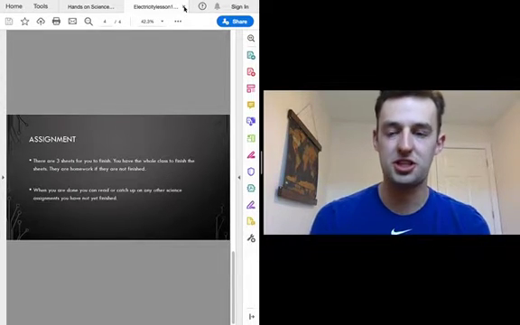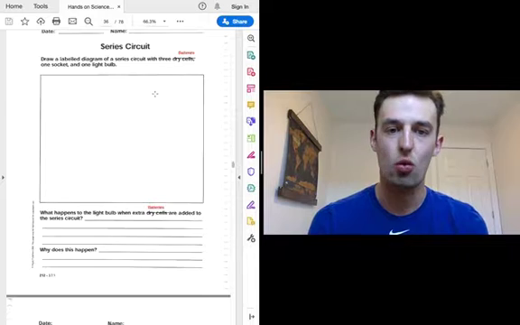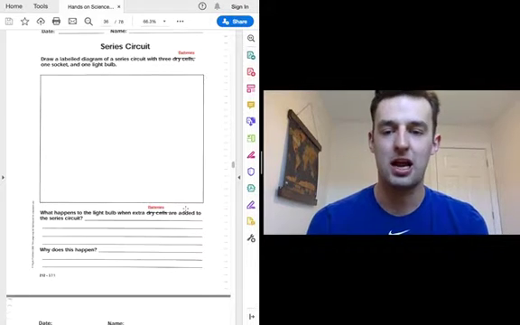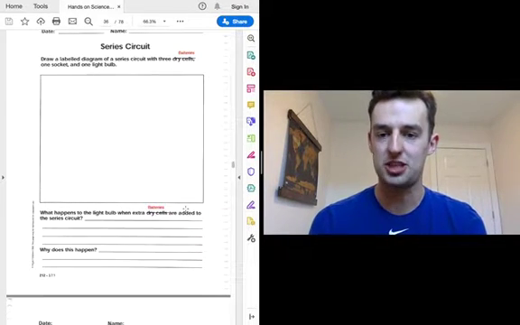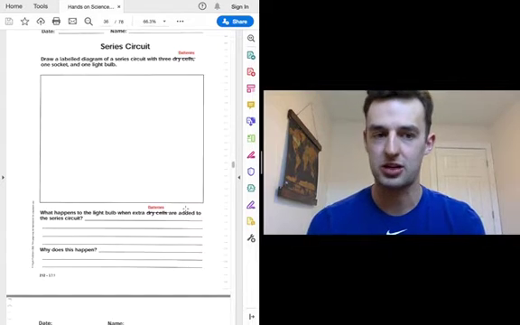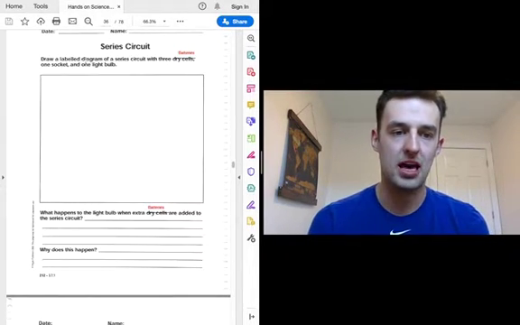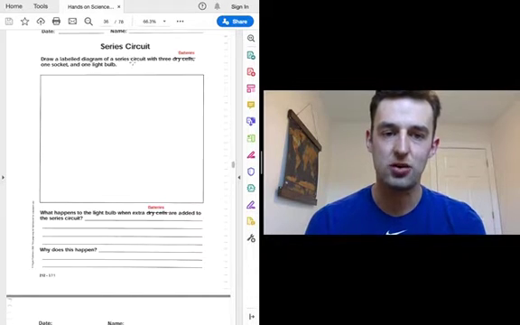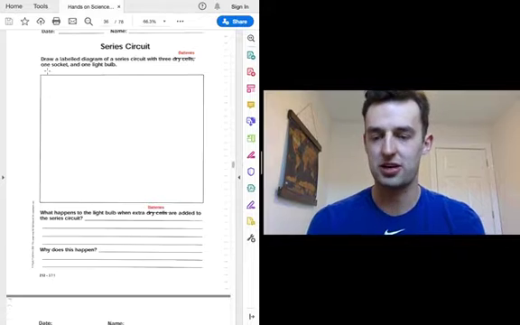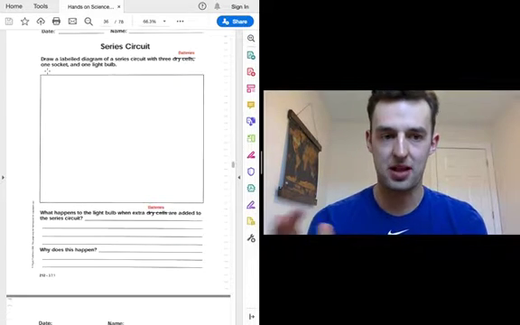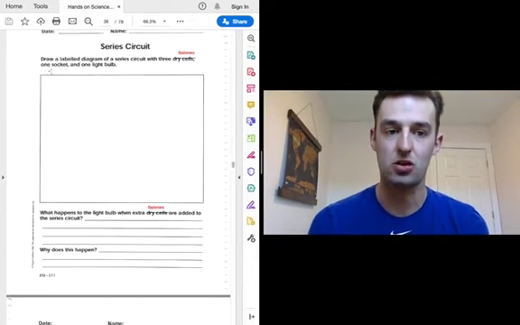So here are the sheets that you will be going over. I've changed this one in particular, but I'll go over the changes again for parallel circuits as well. In this box, you're going to draw a labeled diagram of a series circuit with 3 batteries, 1 socket, and 1 light bulb.